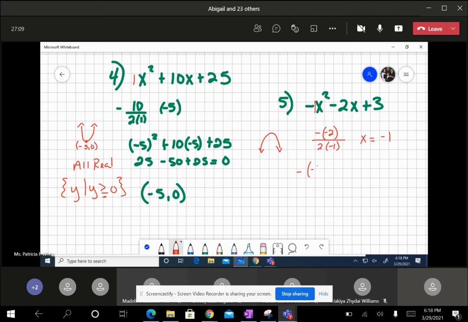And when I plug that in, negative 1 squared minus 2 times negative 1 plus 3, negative 1 plus 2 plus 3, that's going to give me a 4. So my vertex is negative 1, 4. So up here, I'm at the point of negative 1, 4. So my domain, all real, and my range is less than or equal to 4.